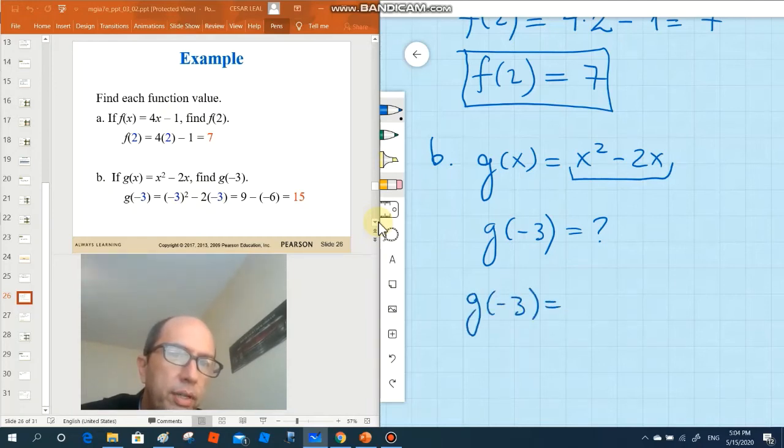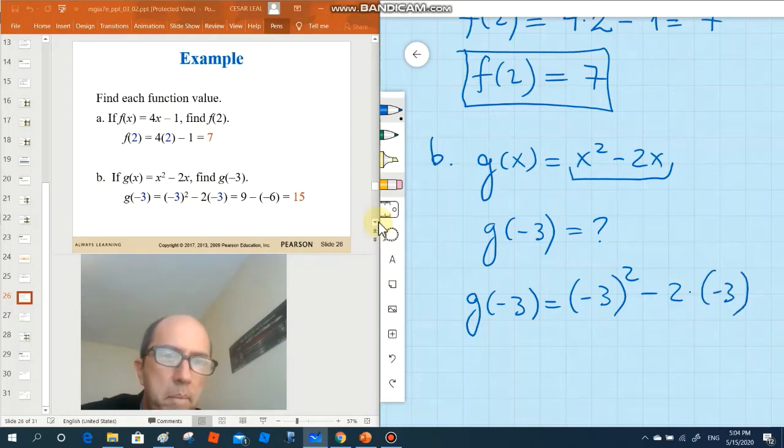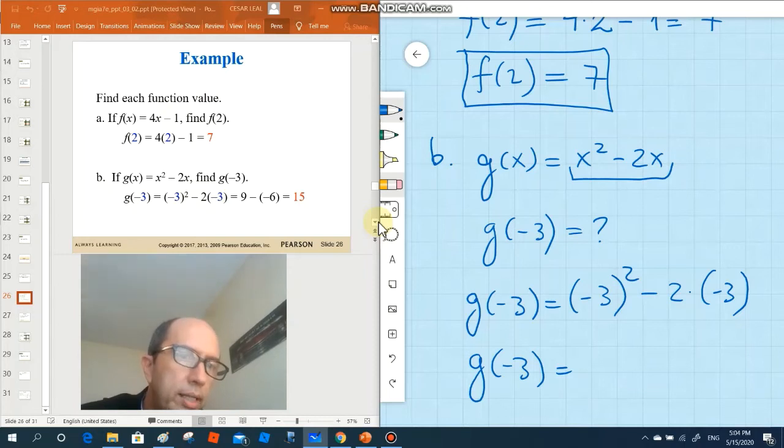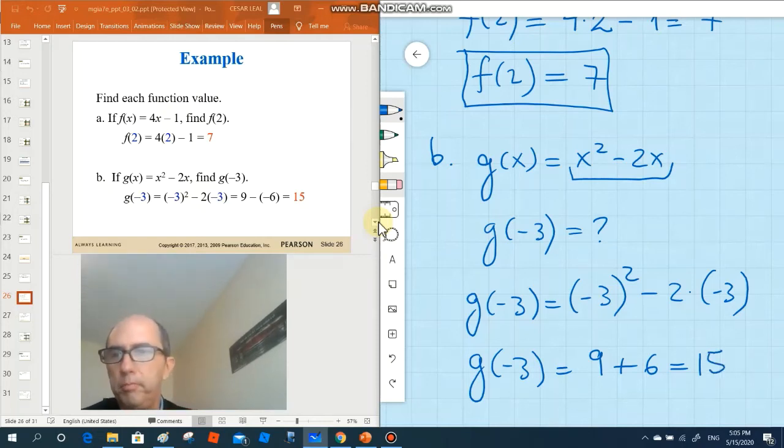So g of negative 3 equals negative 3 squared minus 2 times negative 3. Negative 3 squared is 9, right? Minus 2 times negative 3, negative and negative is positive, 6. So 9 plus 6 is 15.